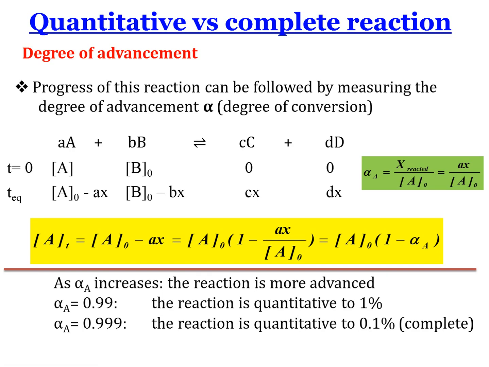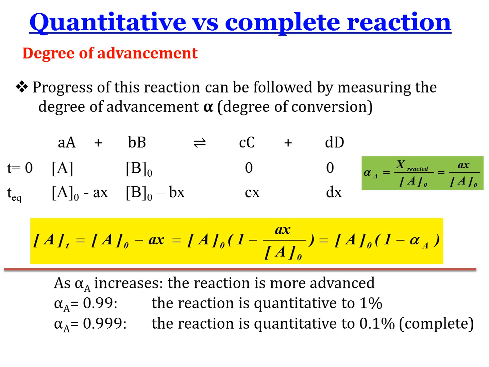So as a conclusion, to know if our reaction is limited, advanced, quantitative, or complete, we have to calculate the degree of conversion alpha. And we have to choose alpha A or alpha B. In this example, I choose alpha A.